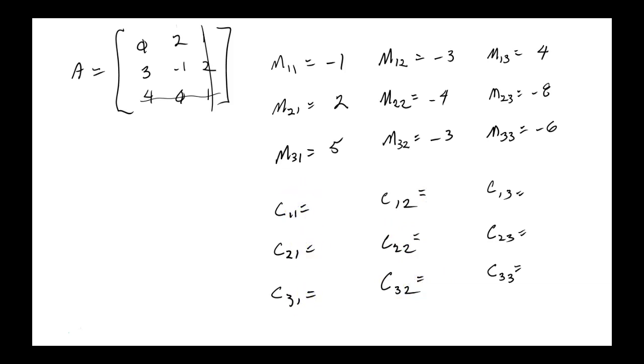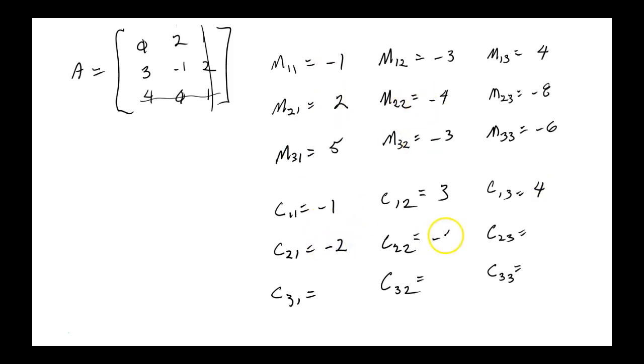Now, what I want to remind you: plus, minus, plus. So that's going to be a minus 1. You don't change the sign to a plus, you do the positive of that number. The positive of minus 1 is minus 1. The negative of a minus 3 is a 3. The positive of a 4 is a 4. The plus of minus 2 is negative 2.